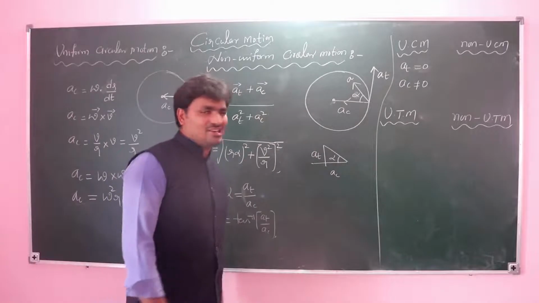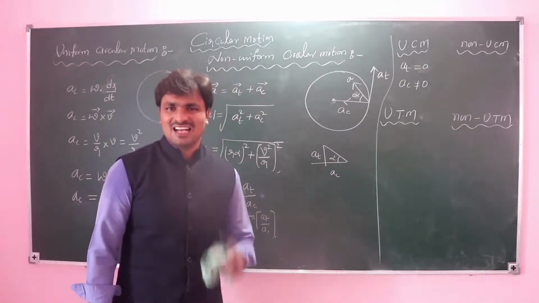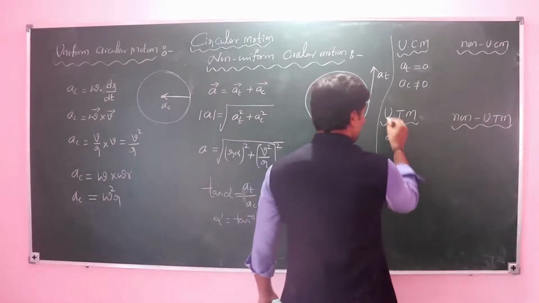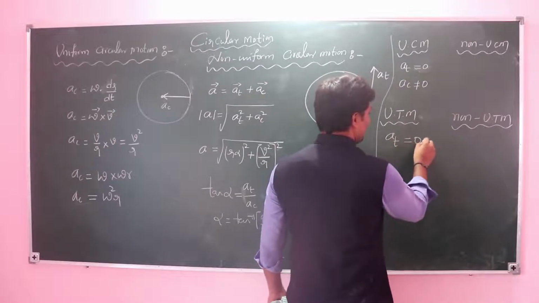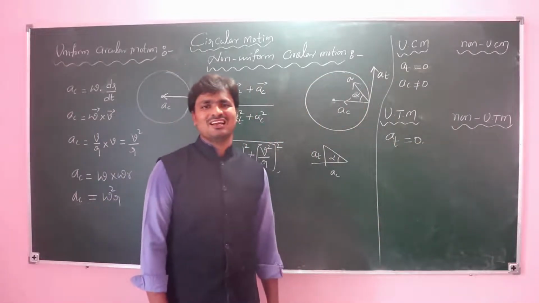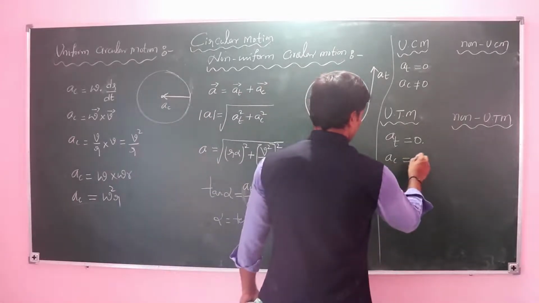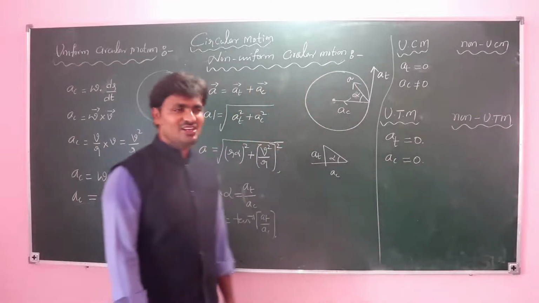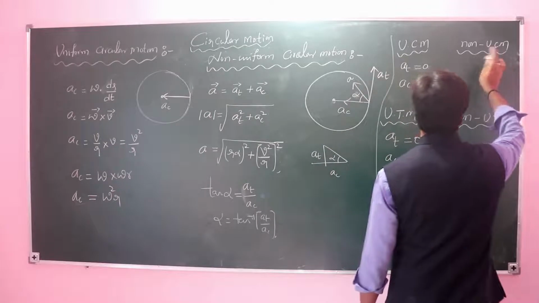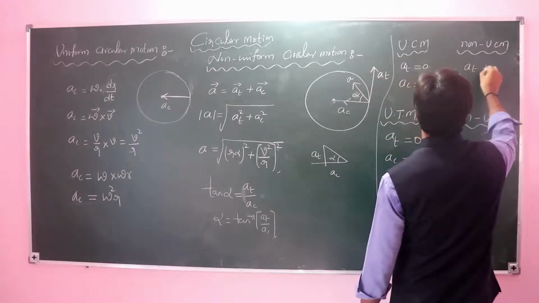Coming to uniform translatory motion. Uniform is nothing but constant speed. Translational is nothing but a straight line. So tangential acceleration is zero, because of uniform. In translatory motion, what about the centripetal acceleration? Zero. In translatory motion, centripetal acceleration is zero. And non-uniform circular motion: because it is non-uniform, AT is not equal to 0.